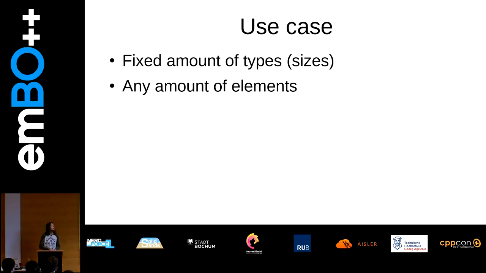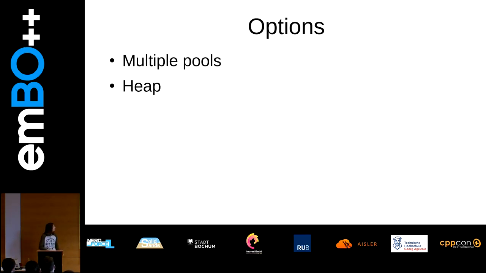So what options are there for this use case? You could either create multiple pools: one pool for storing 8-byte objects and another pool for storing 4-byte objects. But if you run out of either of those pools, then you're essentially out of memory because you cannot use any more of the memory in those pools.